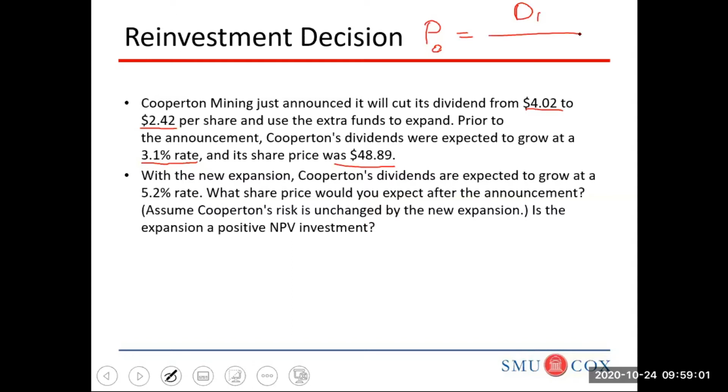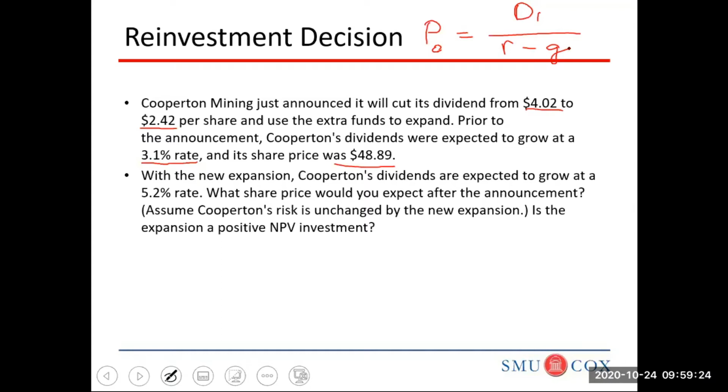So with growing dividends, it's important to get the right number because it's growing. So it's dividend in year 1 divided by R, discount rate, minus G, growth rate. So that's the concept you'll be applying here.